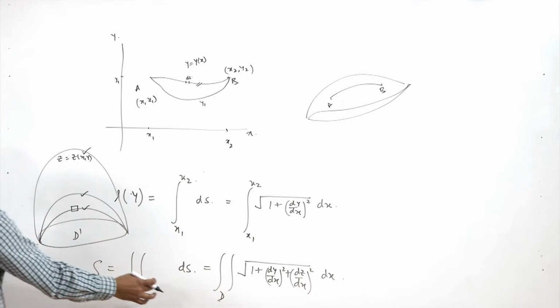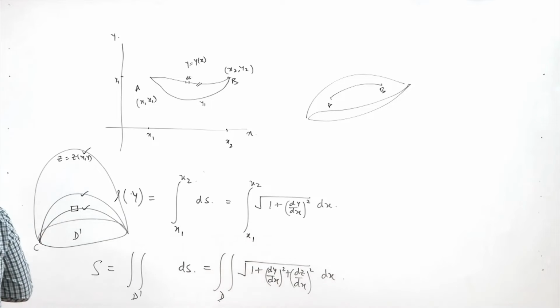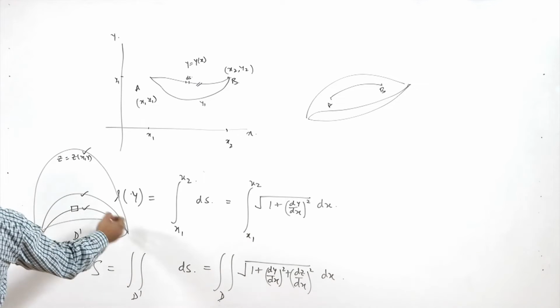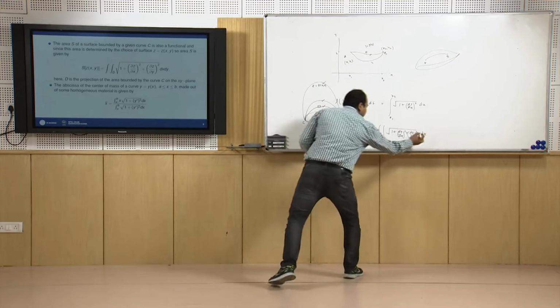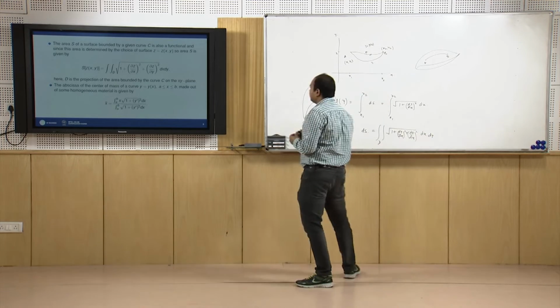Here D is denoted as the projection of the surface bounded by this C on the xy plane.